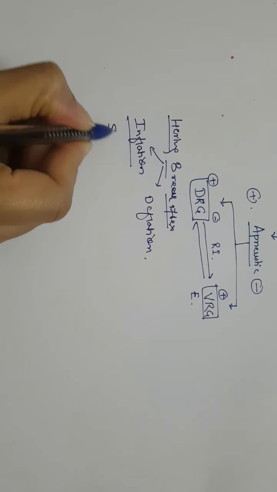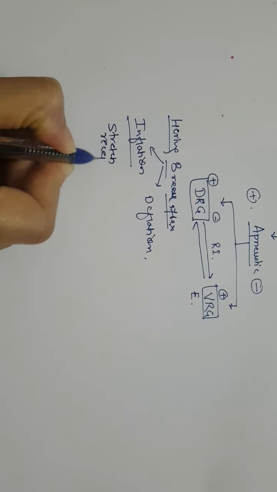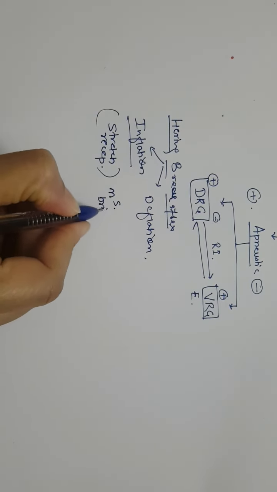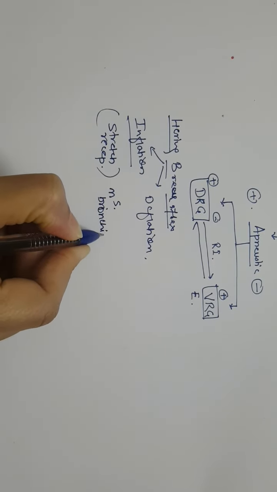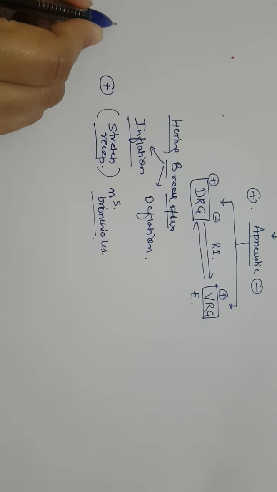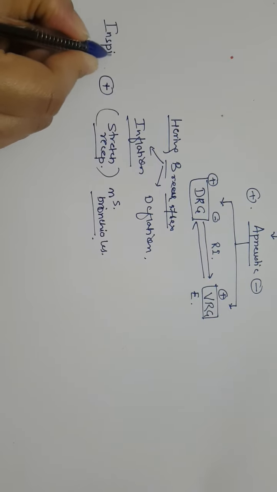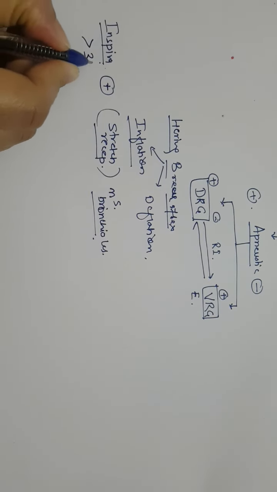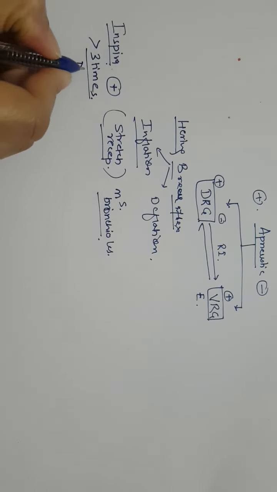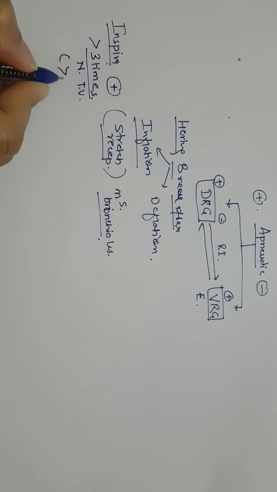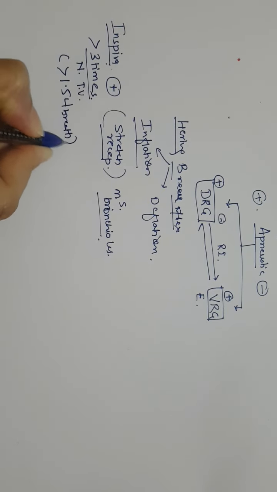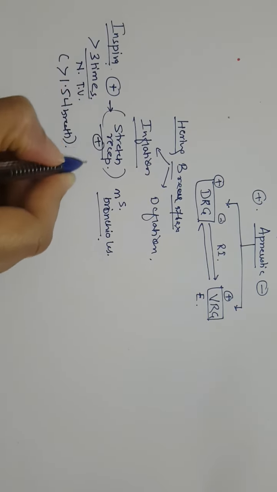So what happens in this? The stretch receptors present in the muscle wall of the bronchi and bronchioles are stimulated if the inspiration is increased. Usually, if the inspiration is increased to more than 3 times the normal tidal volume, that is approximately 1.5 liters per breath, these stretch receptors are stimulated.